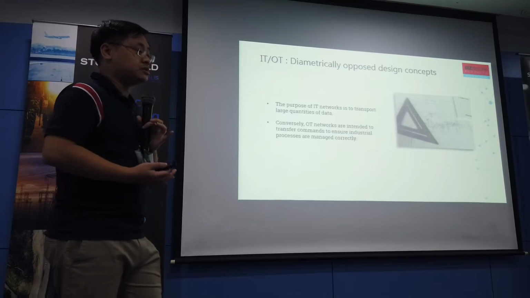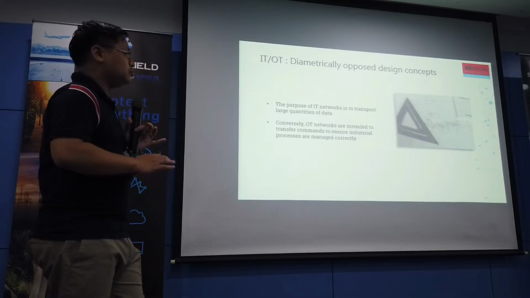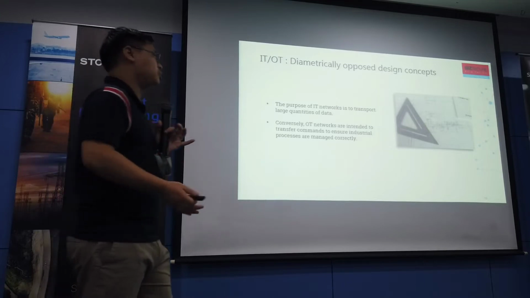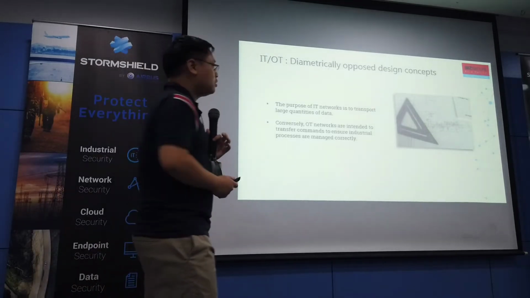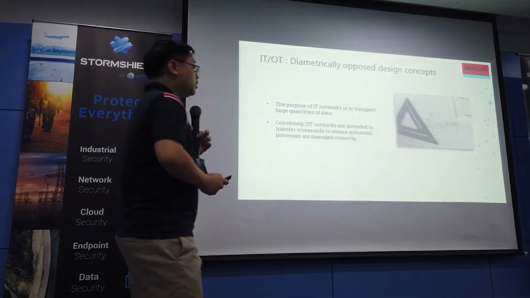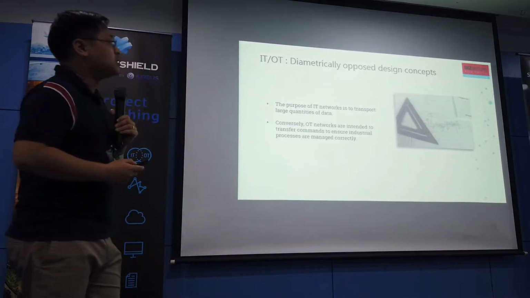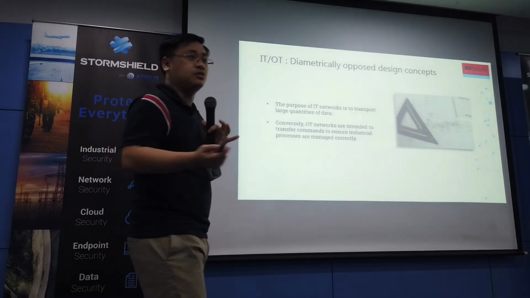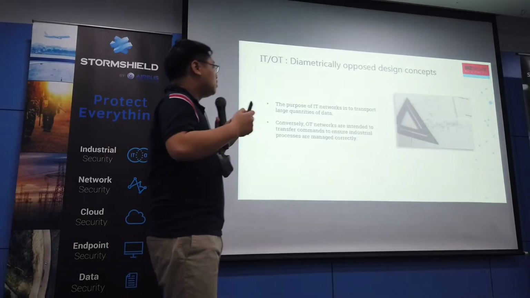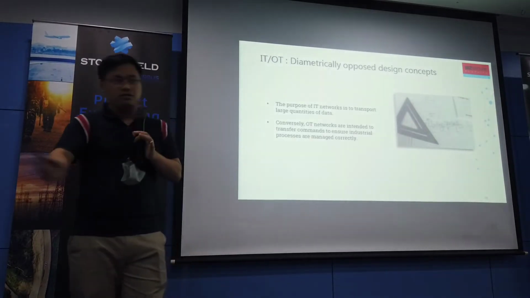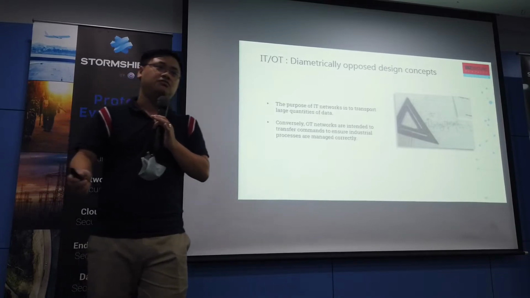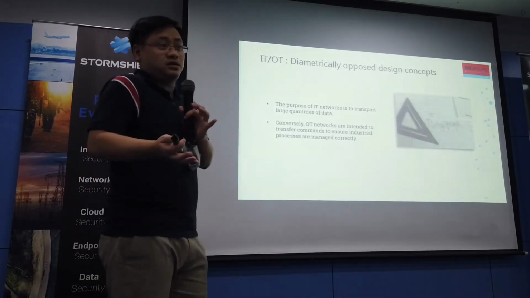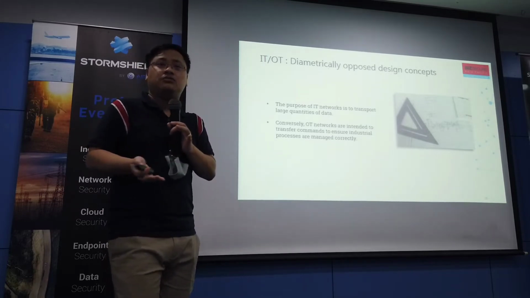Again, what is important is that when you talk about IT and when you talk about OT, it's completely different. We already know. Inside a classic IT network, you have lots and lots of data, of course. You have a lot of information going on, and that's what it's designed to do.